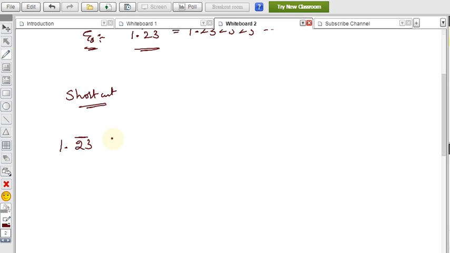For 1.23 bar, without point and without bar, you first write the number, that is 123. Observe carefully. Now, without point and without bar, the number is 123, minus the non-repeating part.